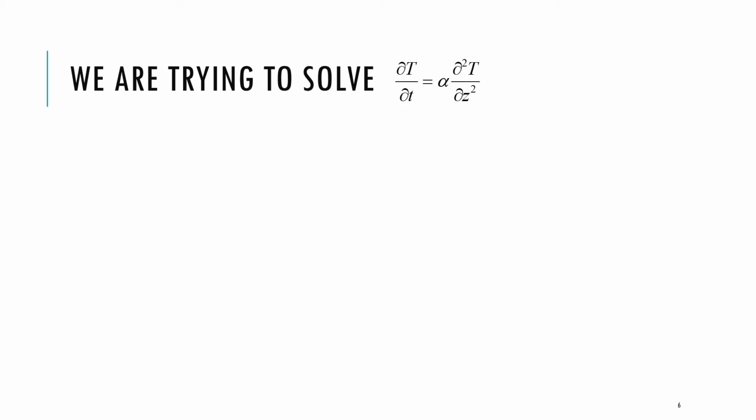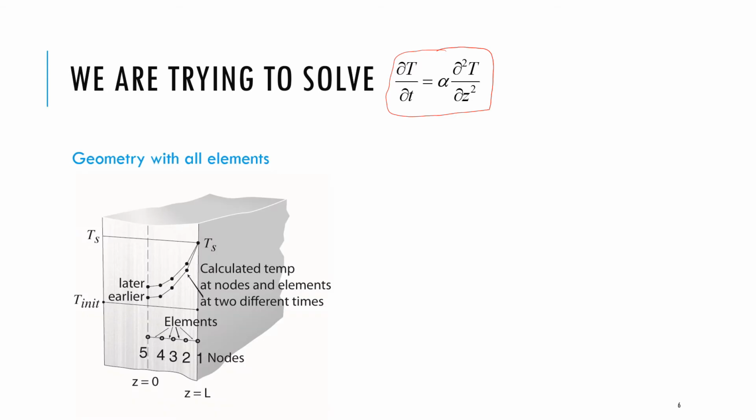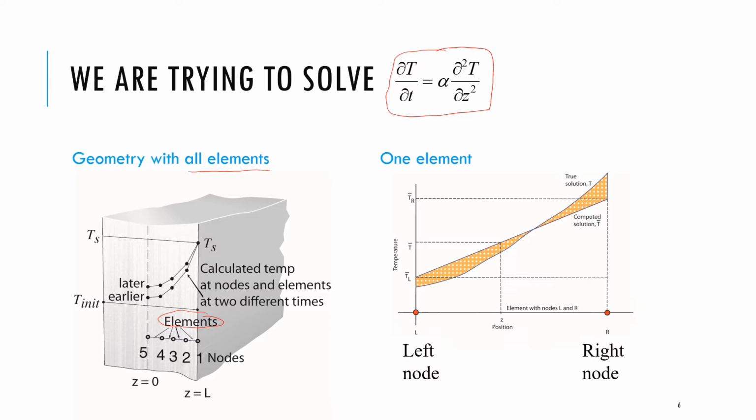So again, we are trying to solve the heat equation, and here is the geometry with all the elements. These are the elements here, and on the right we have enlarged one element. So let's say between 3 and 4, this element we have enlarged. So this is like 4, and then this is like 3.